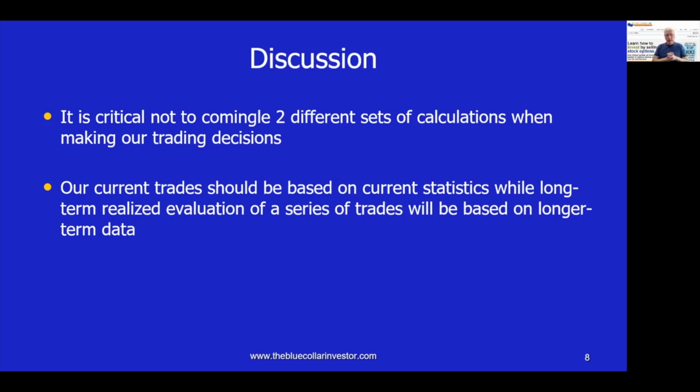So, again, there are two sets of calculations regarding cost basis, and we must identify which one we're using: the long-term total trade results, or are we looking to find our cost basis for performing exit strategies during a series of trades.